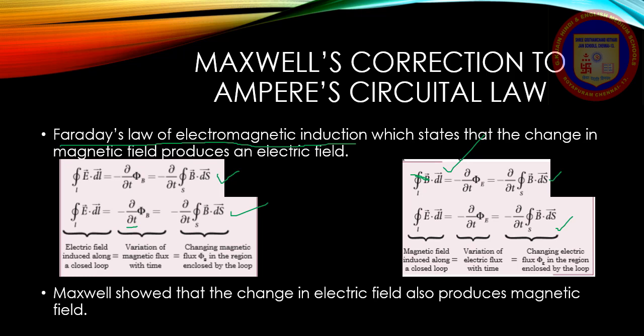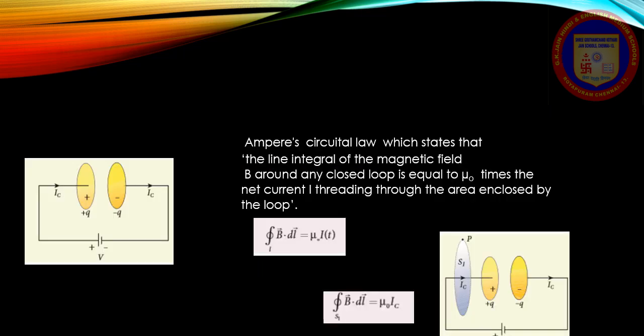This is known as Maxwell's law of induction, which explains that a magnetic field B is induced along a closed loop by the changing electric flux phi E in the region encircled by the loop.